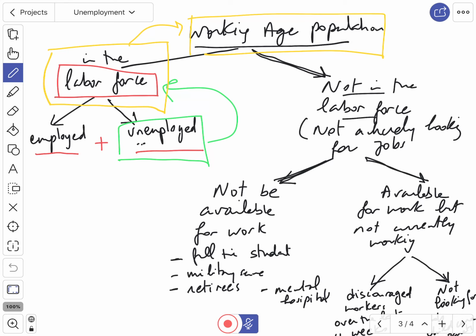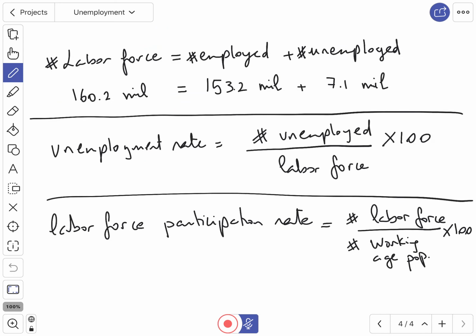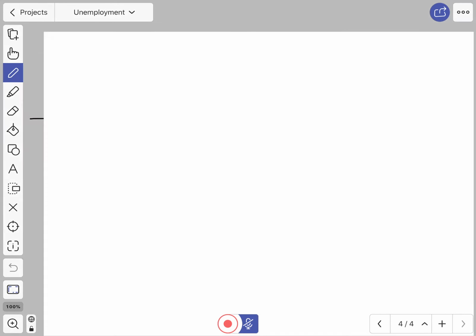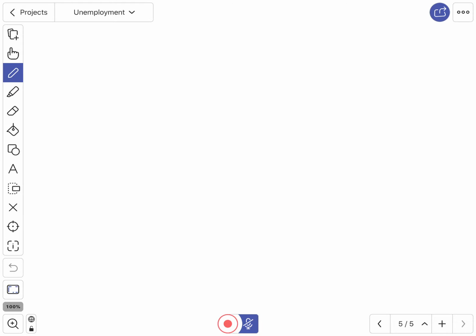Okay, so one of the important topics that we need to talk about is the different problems in measuring the unemployment rate.